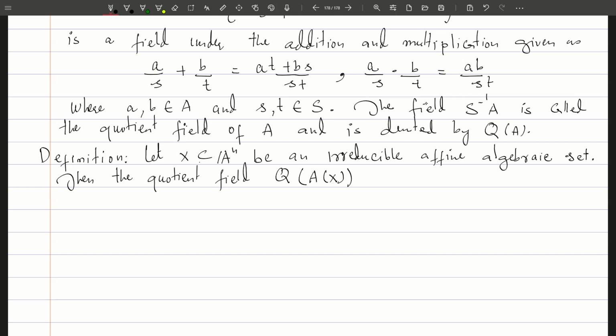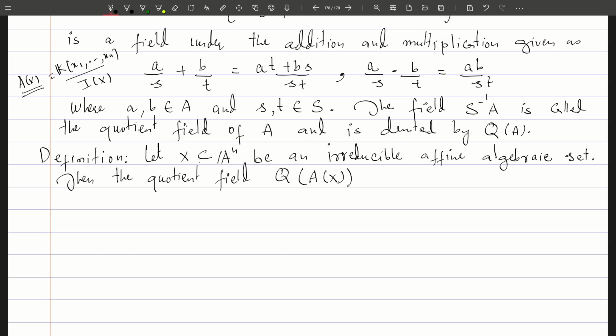Now, one can note over here, since X is given to be irreducible, this A of X is an integral domain, because A of X is given by the quotient of the polynomial ring and the ideal of X. Now, X being irreducible, I of X is a prime ideal. So this coordinate ring is an integral domain. Then the quotient ring of this ring is a field.